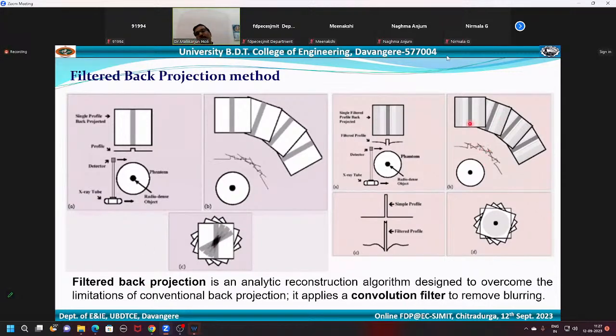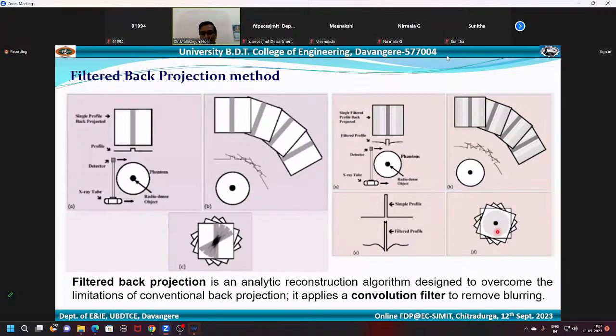So I apply the filter here. Okay, you can see here, this is without filtering. So these are the functions which filter, so they cancel out the unwanted regions. And when you reconstruct the image, we are able to get a perfect circular image of that particular object.